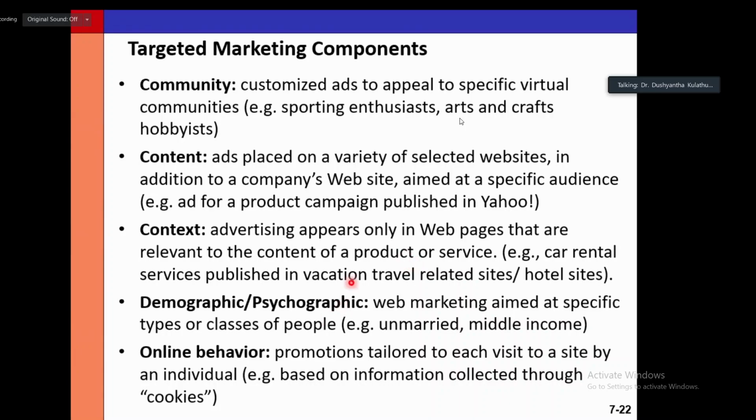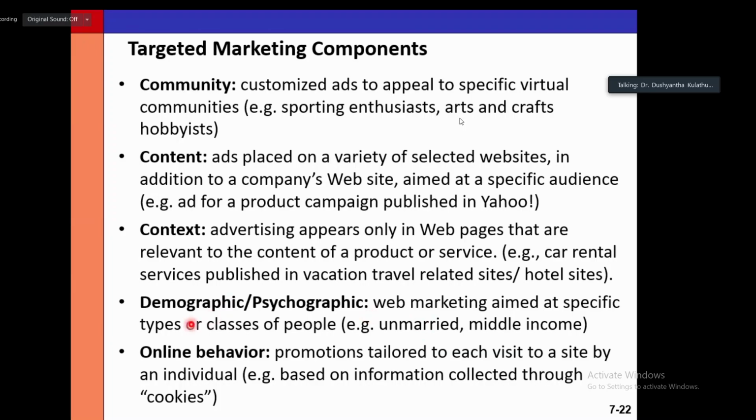Then the next one is demographic psychographic web marketing aimed at specific types or classes of people, unmarried, middle income, and so on. You decide on the demographic factors or psychographic factors in your marketing campaign. But for this, definitely you need to have access to databases of people or of customers or potential customers, so that you can do an analysis to identify these demographics or certain psychographic characteristics.